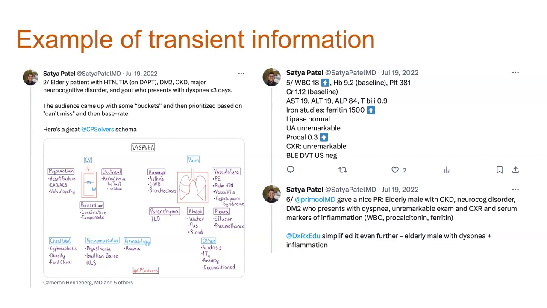Then as we work our way through the case, by tweet 5, we have all of these different labs, and you may have forgotten the information in tweet 2. So in tweet 6, I'm trying to mitigate that by bringing back transient information in the form of an iterative problem representation. There is a degree of synthesis that occurs there, but I'm bringing back the elements of an unremarkable exam, chest x-ray, and serum markers of inflammation.